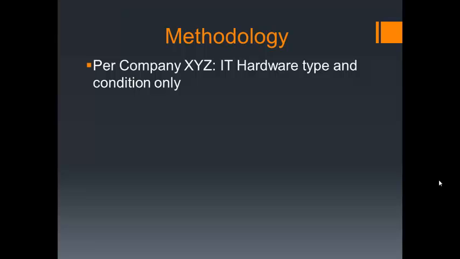So no models, no manufacturers, no initial costs could be disclosed. The other restriction was that in my research, I was not able to utilize any Company XYZ resource, including a human resource, to aid me in my work. So it had to be entirely my own effort.